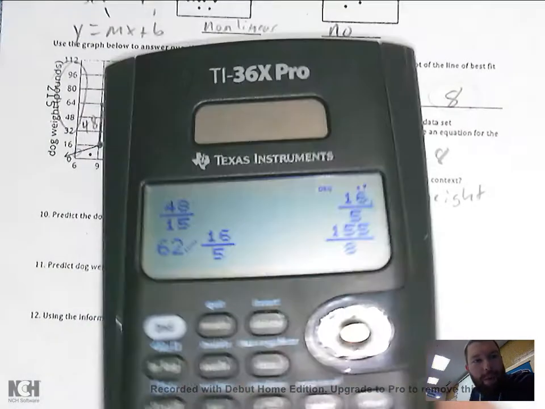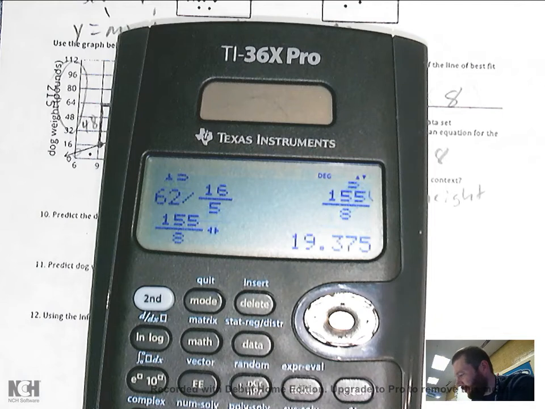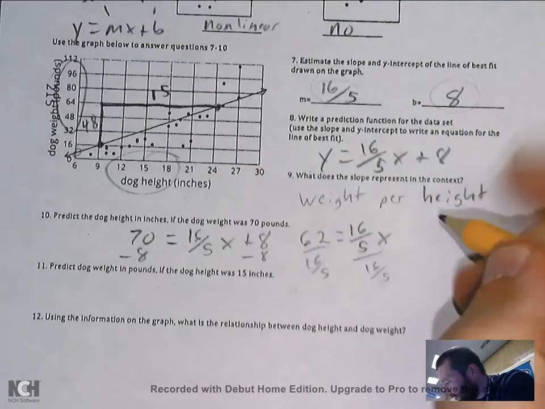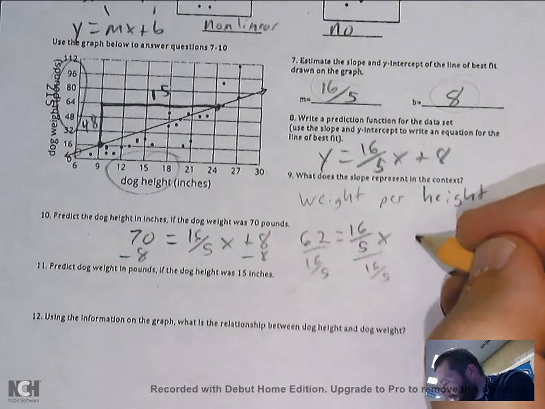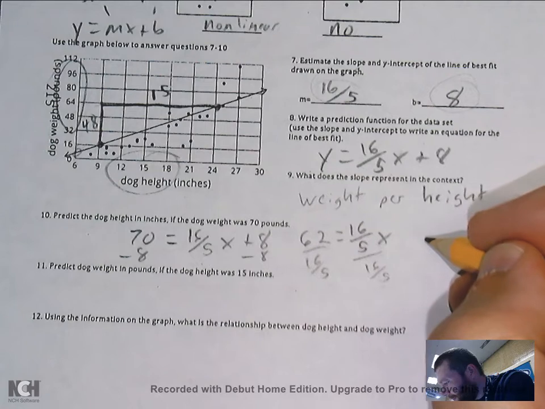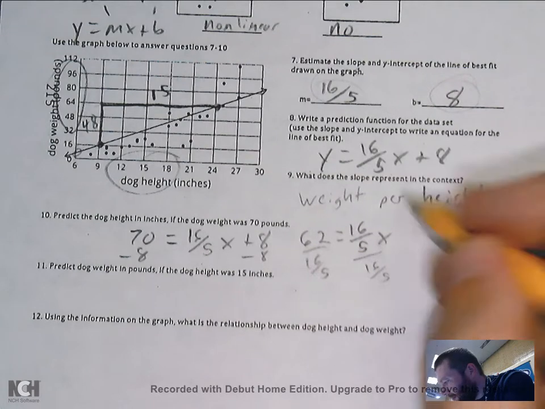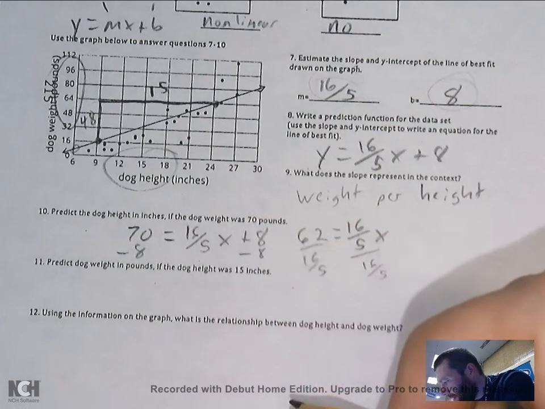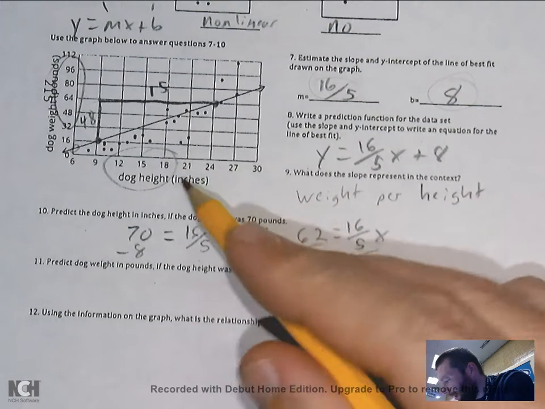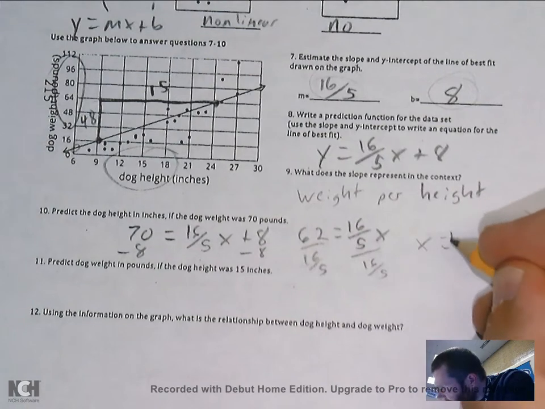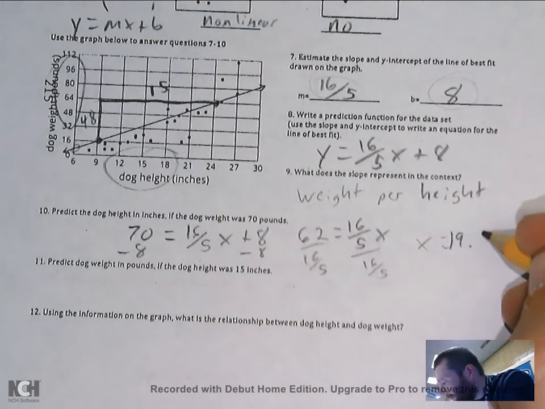And I get 155 over 8, or as a decimal, that'd be 19.375. Okay, so the x, the height would be, am I doing this right? Did I do that backwards? No, I did it right. So the height would be about 19.375.